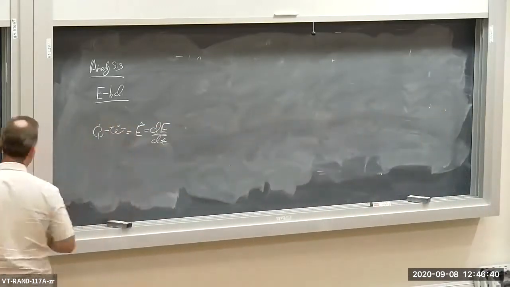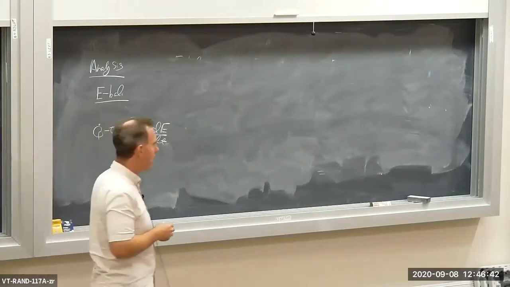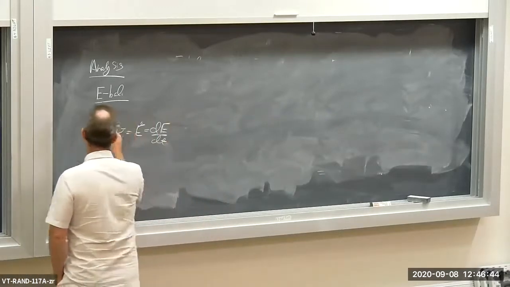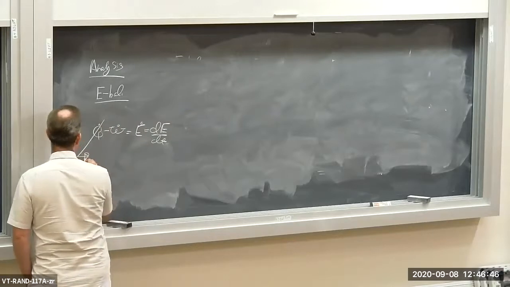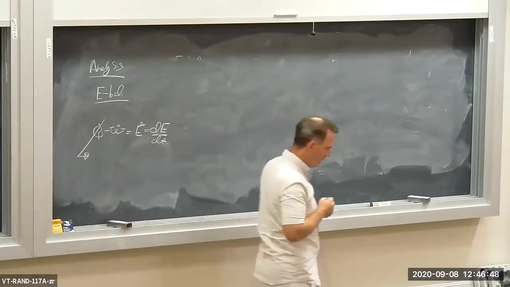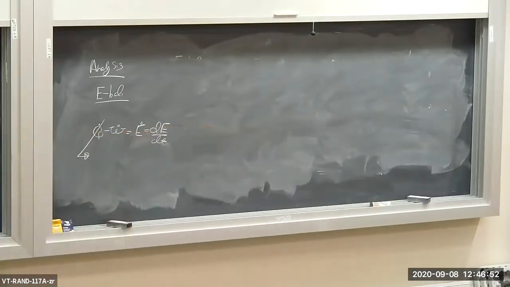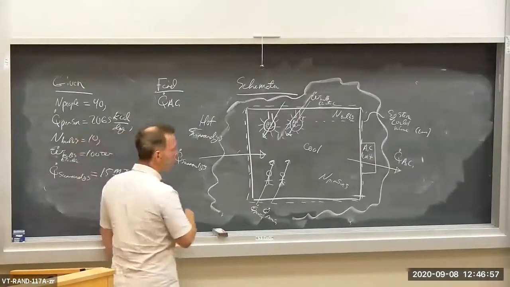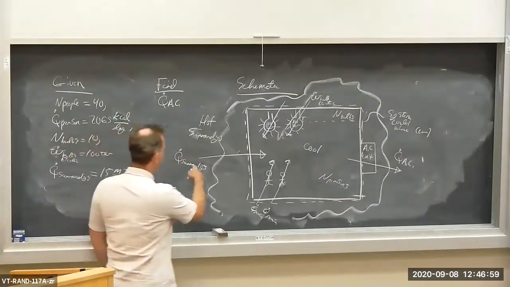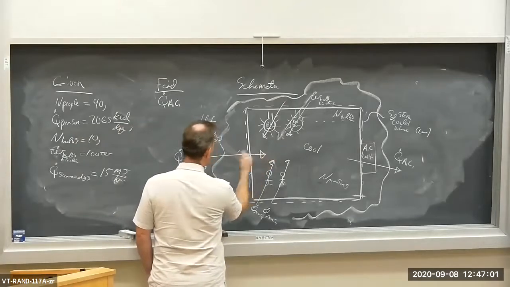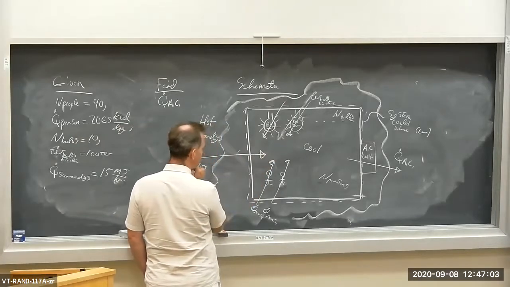Now let's look at what some of these Q dots and W dots are. The heat transfer has a number of different sources. There's the Q dot to the system from the surroundings. So we got the Q dot from the surroundings into the cool room, so we'll have Q dot surroundings.